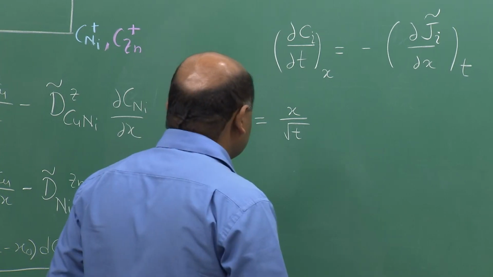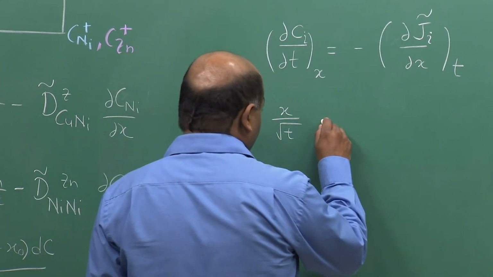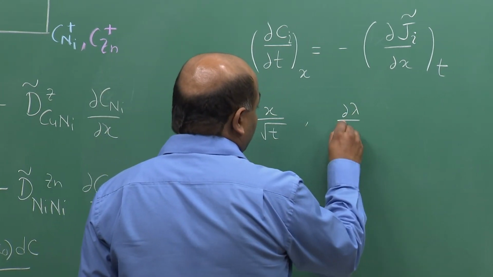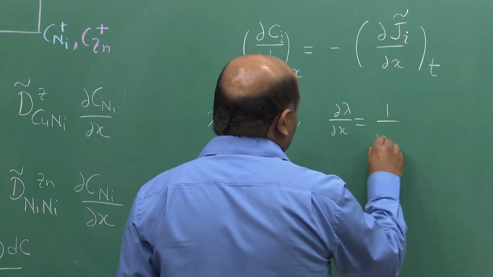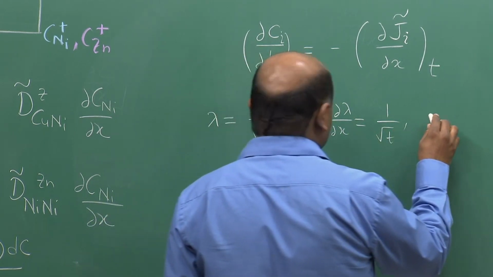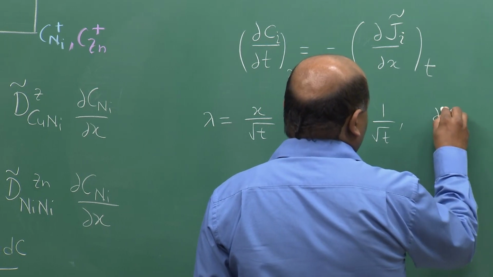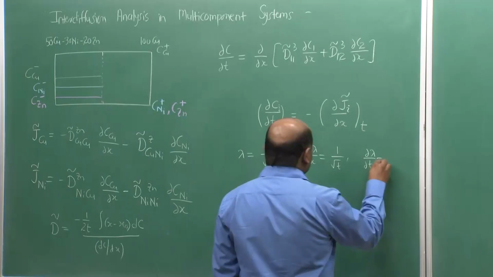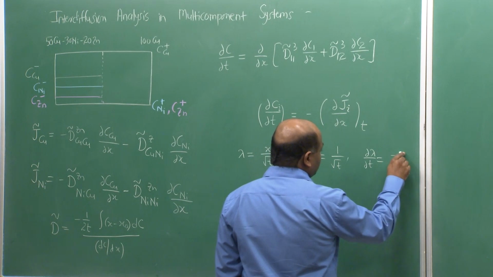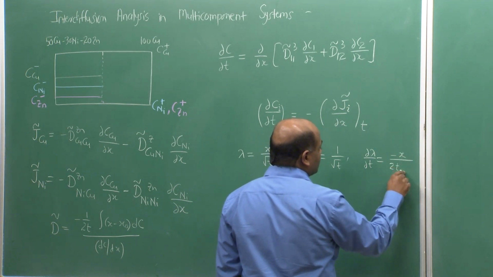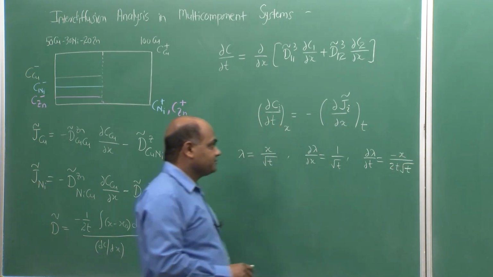So, lambda is equal to x over root t, and so we have dou lambda by dou x is equal to 1 over root t and dou lambda by dou t is equal to minus x over 2t root t.